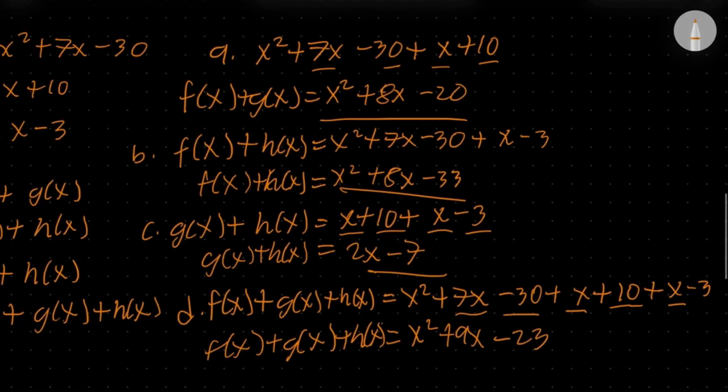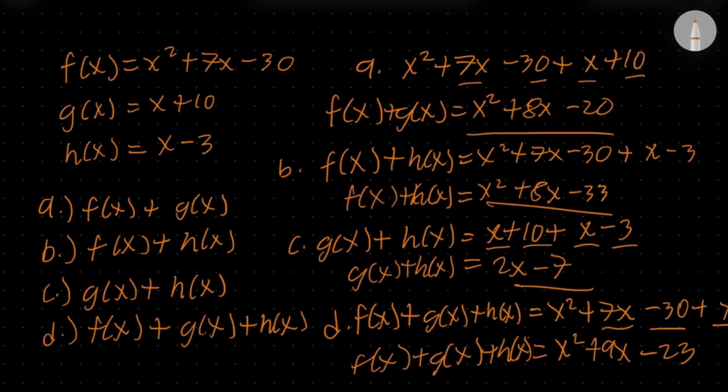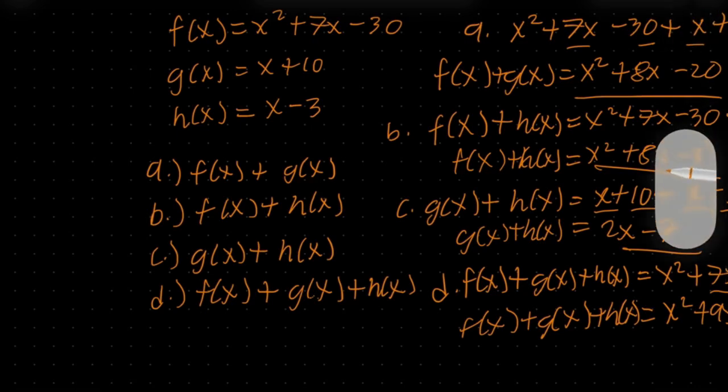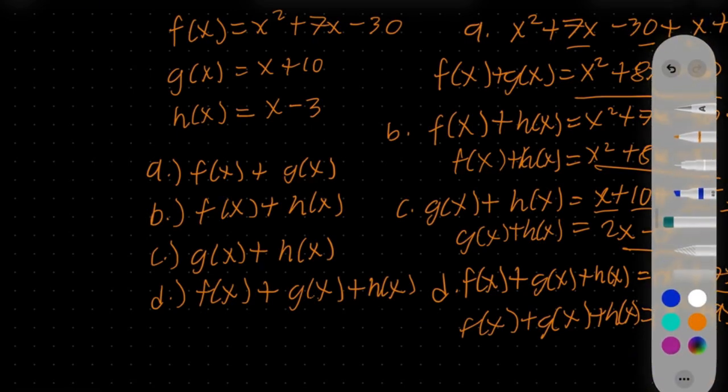Now let's proceed to the next basic operation, which is subtraction. We're just gonna change the addition sign into a subtraction sign, and we'll just proceed with the same given.